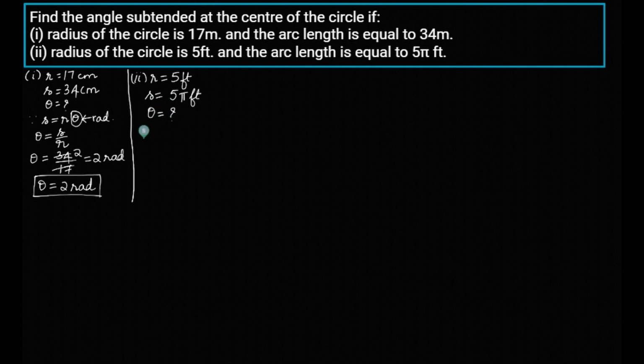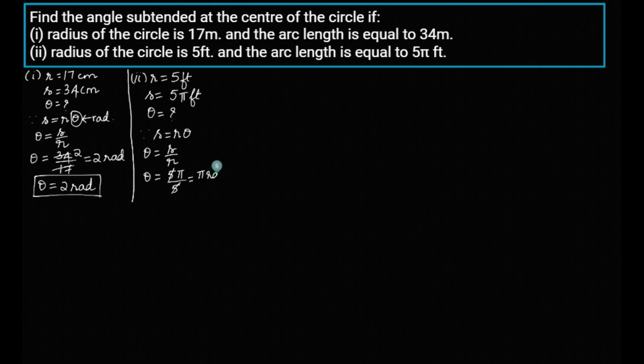So S is equal to r theta. Therefore, theta is equal to S by r. So theta is equal to S, which is 5 pi feet, divided by r, which is 5 feet. So 5 and 5 cancel out each other, so we get pi radians.